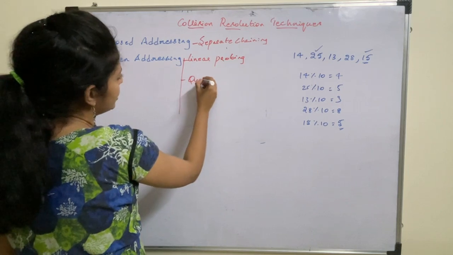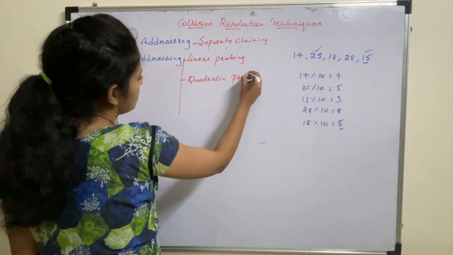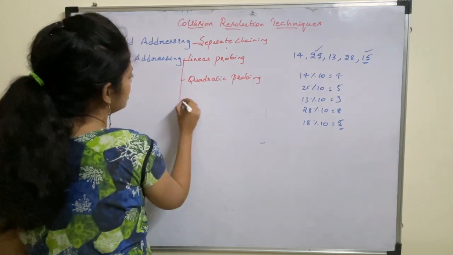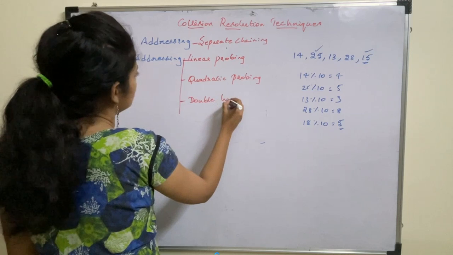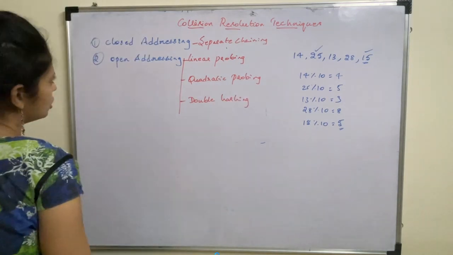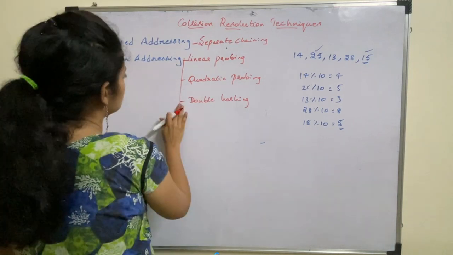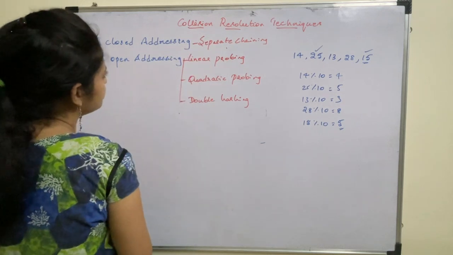Second method is quadratic probing. And third one is double hashing. So you can use all these 3 methods in open addressing to resolve collision. So in this lecture, first let us see this separate chaining method.